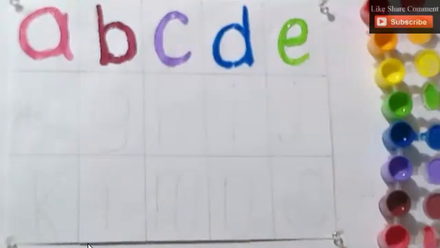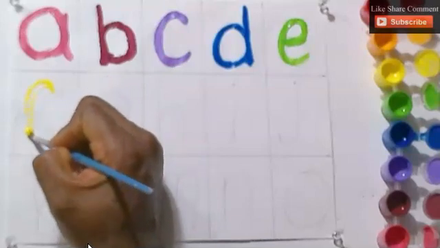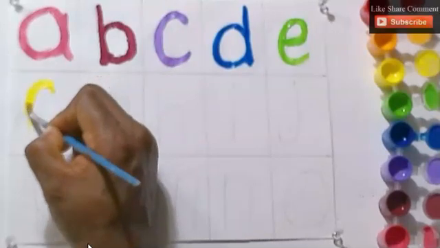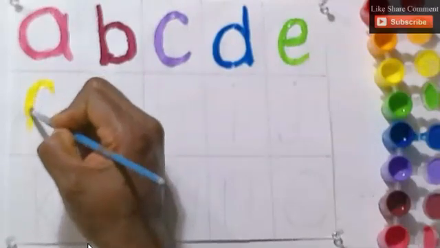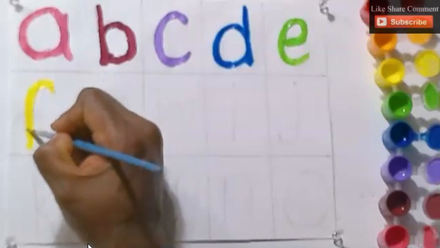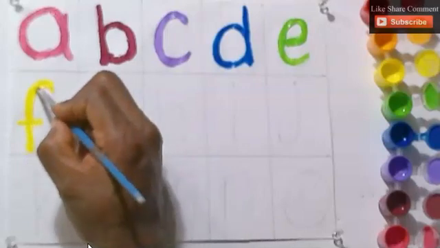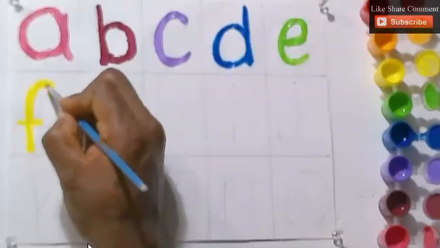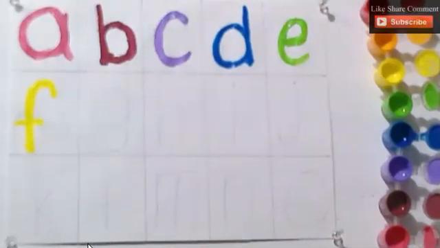The letter F. We're going to be using the yellow color to do the letter F. There you go, the letter F.